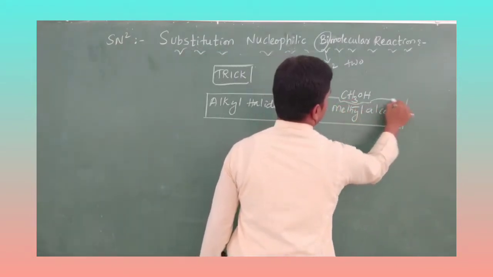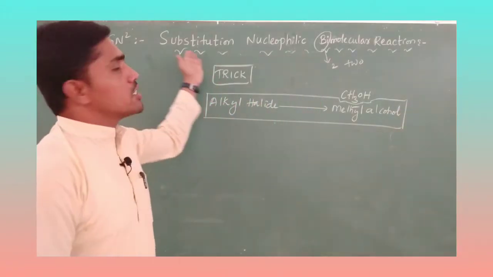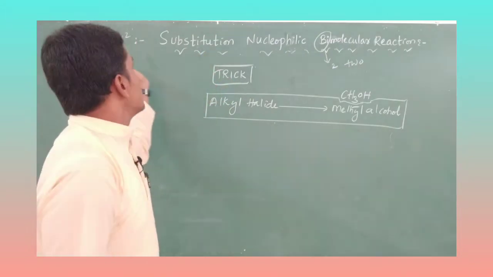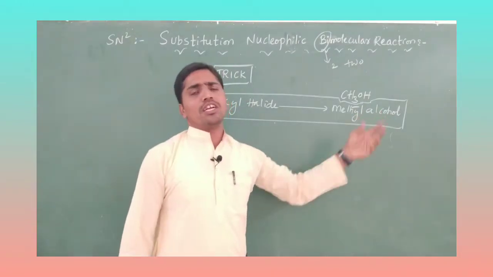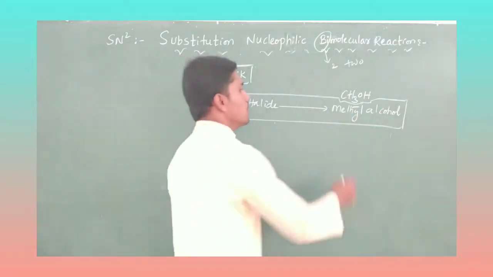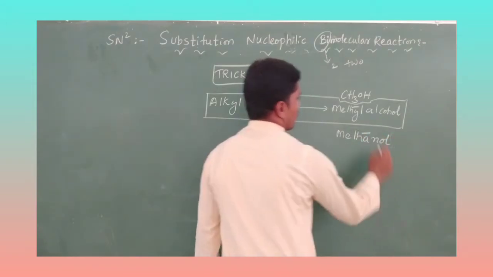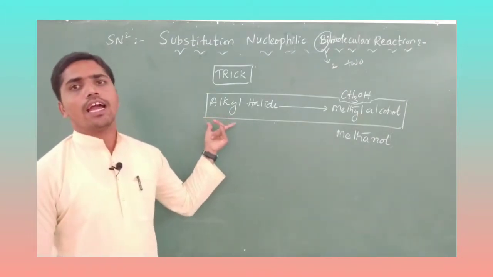Once you remember this trick, you will definitely understand this SN2 reaction easily. This is a very important trick. In SN2 reaction, we are going to prepare methyl alcohol, or simply methanol. How are we getting this methanol? By using alkyl halide.